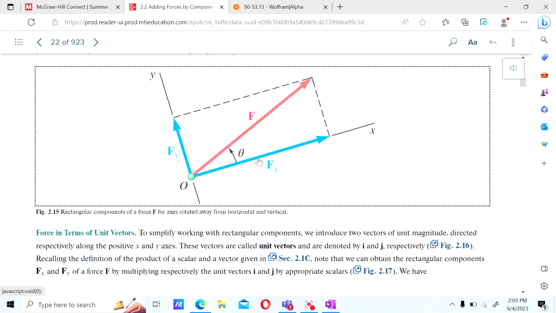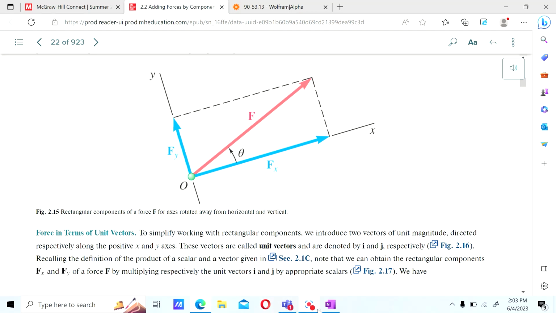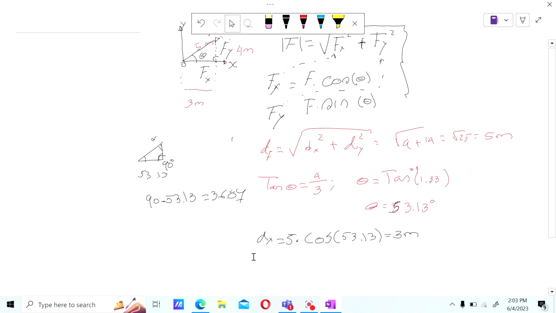Okay, another thing: if the coordinate axis was defined like the picture, like this, and they're giving you a force and asking you to compute the Fx and Fy components, then the only thing you have to do is this same thing.